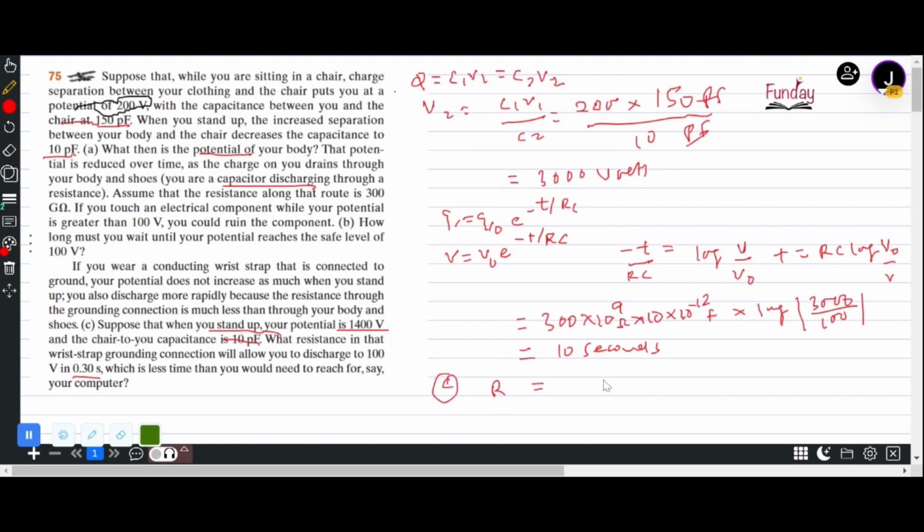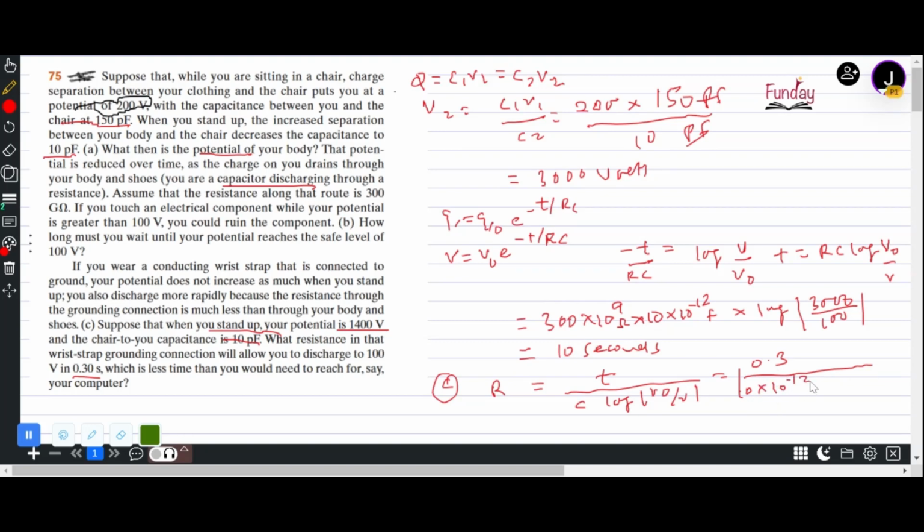So the time is the constant here, and using the same equation we get R is equal to T over C log of V0 over V. So we'll put the numbers here.